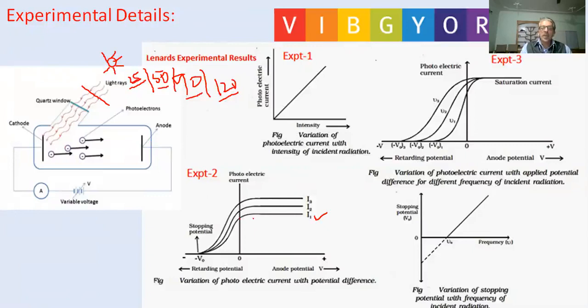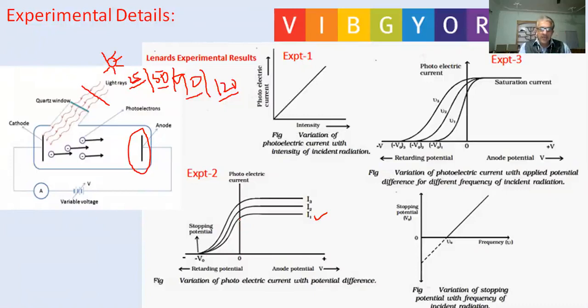And then when we have obtained this curve, we again go back to the point 0. And at this point now, we are decreasing the anode potential. We are giving negative potential, negative voltage to the anode. Now here, when you are giving negative potential to the anode, it will repel these electrons. Now the electrons only with high kinetic energy will be able to reach the anode. Those which have less kinetic energy will not reach the anode.